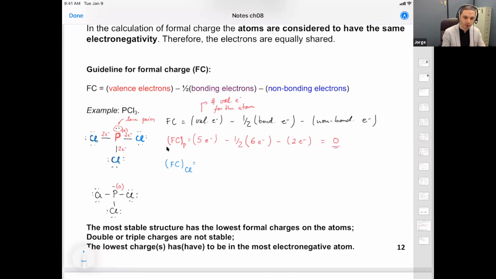And here, the strategy is the same. Let's first start with the number of valence electrons for this element. Chlorine belongs to group 17. Therefore, it has 7 valence electrons. So that's how chlorine started.